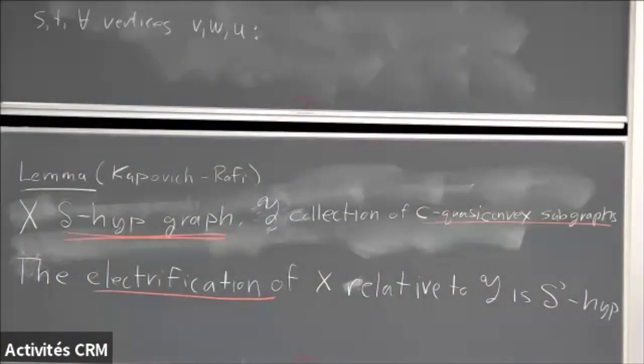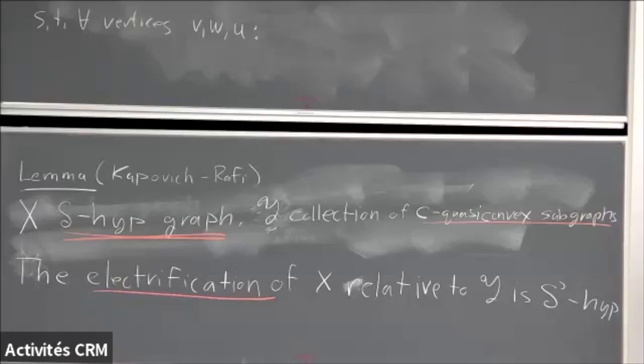The first condition is that these preferred paths that I picked out form thin triangles, and the second condition is often described as a coherence condition. It's going to make sure that I didn't distort distances too much.